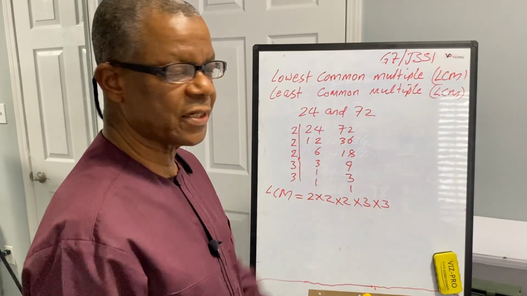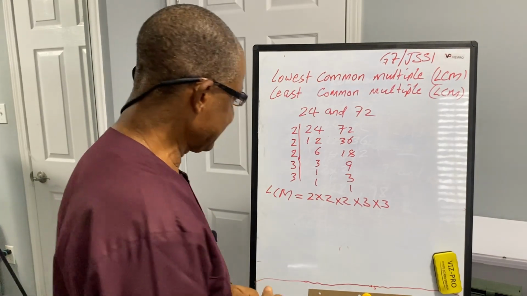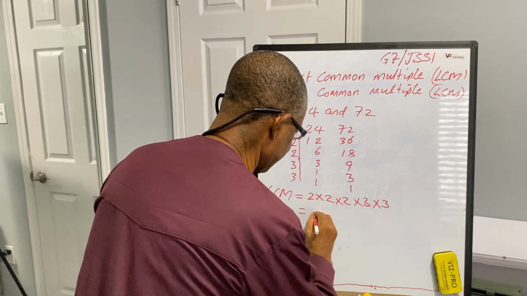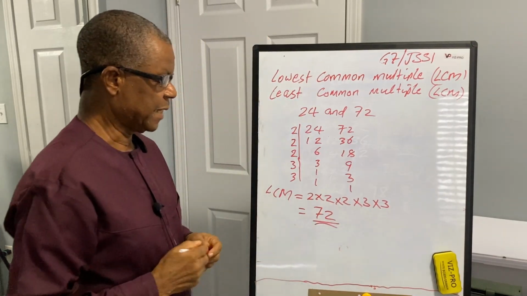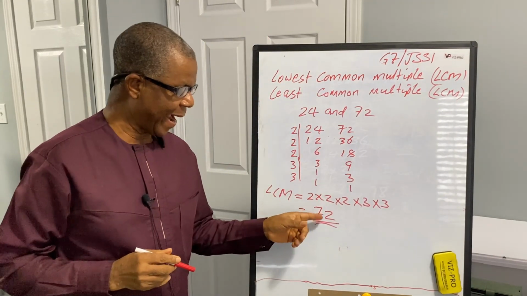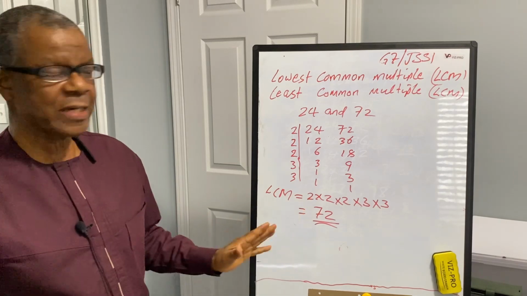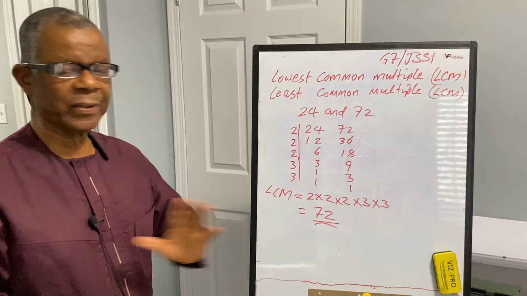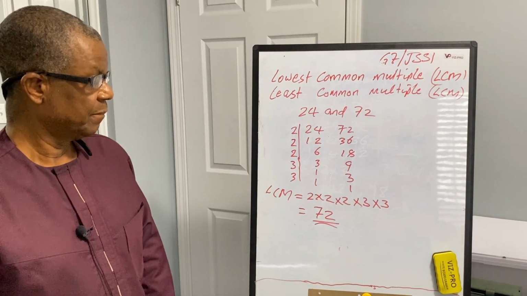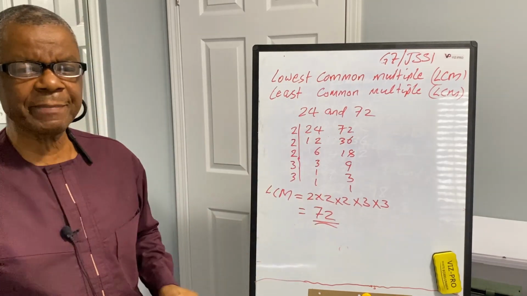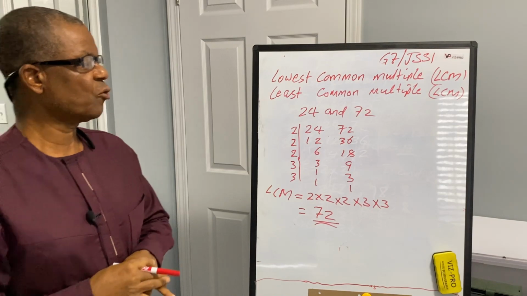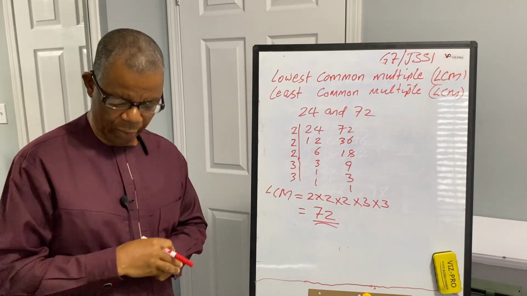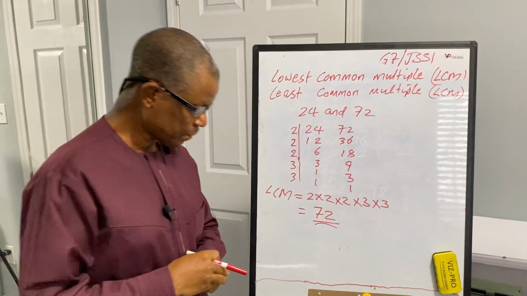And 3 times 3 will give us 9. 8 times 9 will give us 72. That means that this is the lowest number that 24 can divide without a remainder, and 72 can divide without a remainder. So this is our least common multiple, or lowest common multiple.